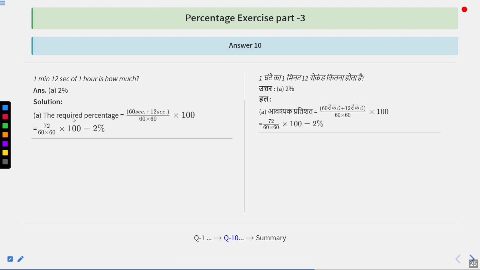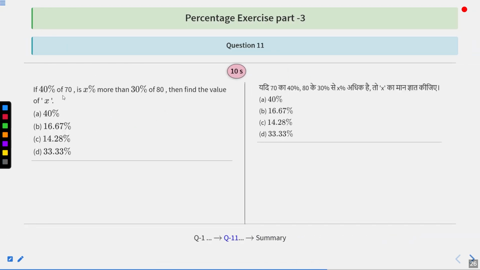So the required percentage is going to be 60 seconds plus 12 seconds, because 1 minute has 60 seconds and 12 seconds was given to you, upon in 1 hour there are 60 into 60 seconds, because 1 hour equals 60 minutes and 1 minute is 60 seconds. So 1 minute 12 seconds out of total into 100 is equal to 72 upon 60 into 60 into 100, that is 2%. So option number A, 2%, was the right answer.